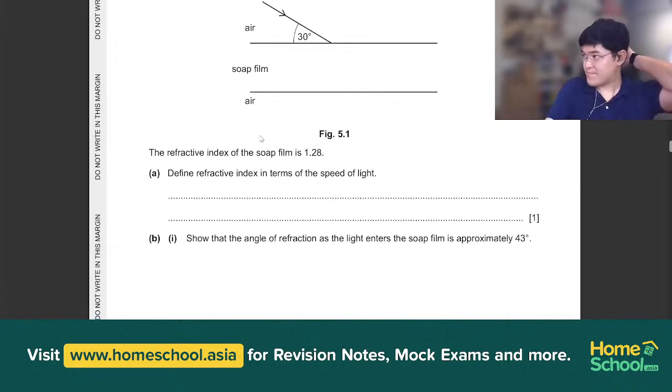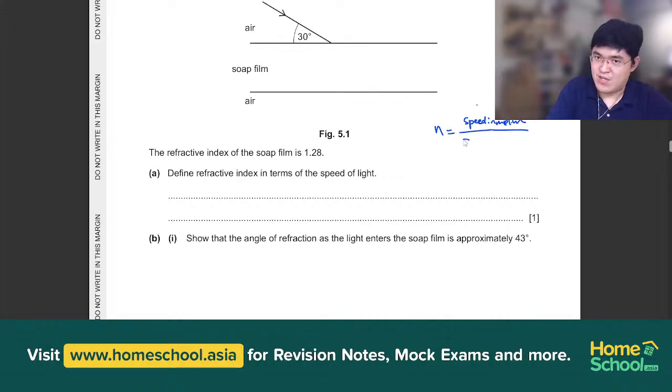If you do remember, the refractive index n is equal to the ratio of the speed of light in the medium divided by the speed of light in vacuum or air, and this n here is a ratio, so let's write that down.